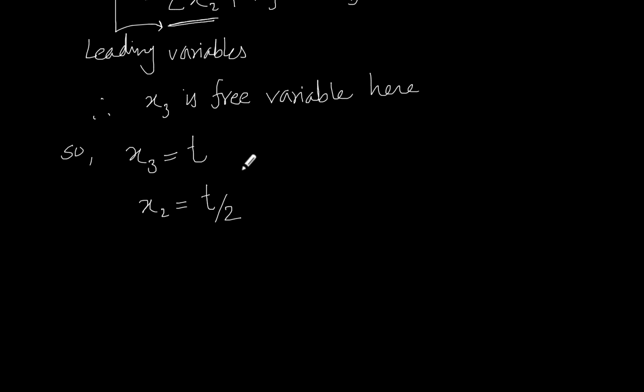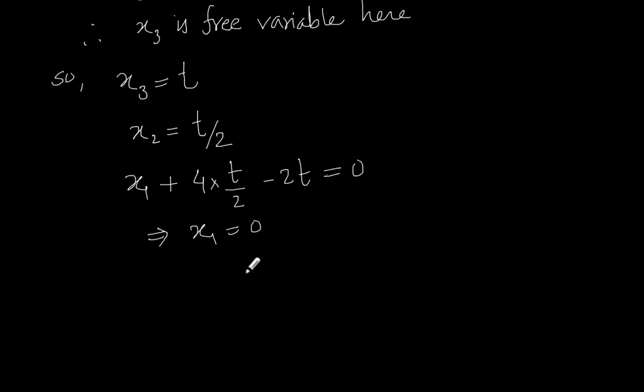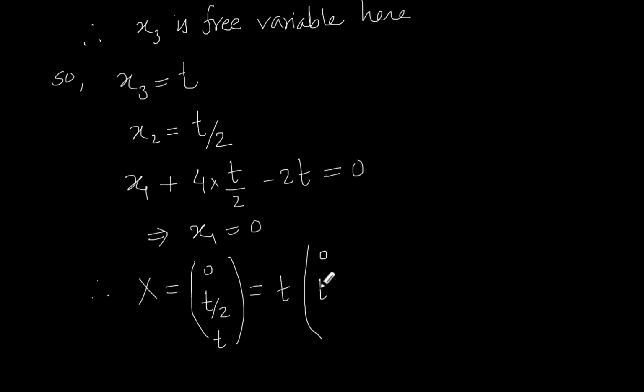Now using these two values in equation 1, we will find the value of x1 as zero. So we have eigenvector (0, t by 2, t). We can take t common again, so (0, 1 by 2, 1) will work as the basis for this eigenspace.